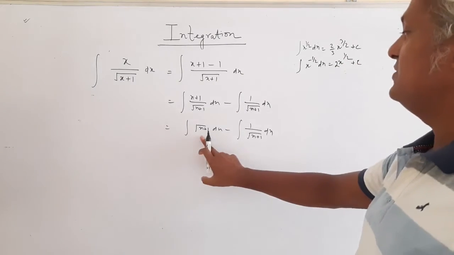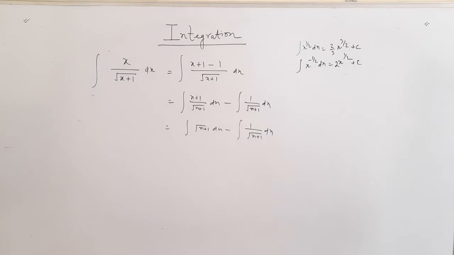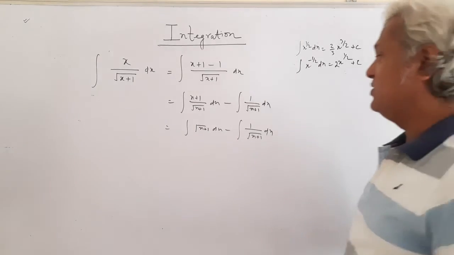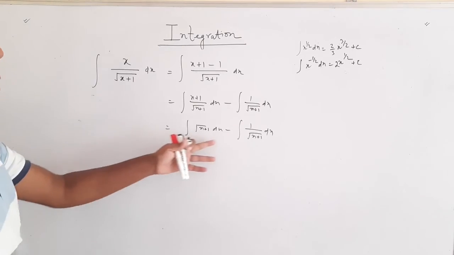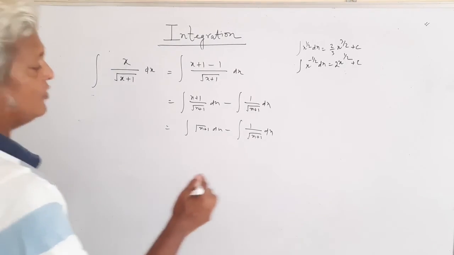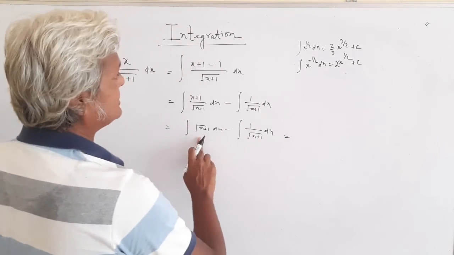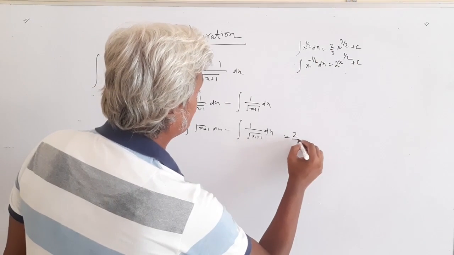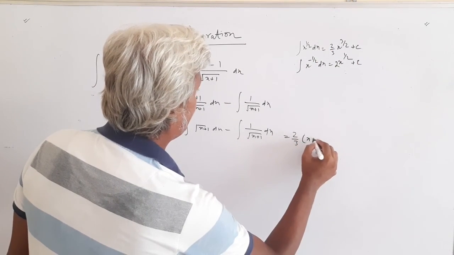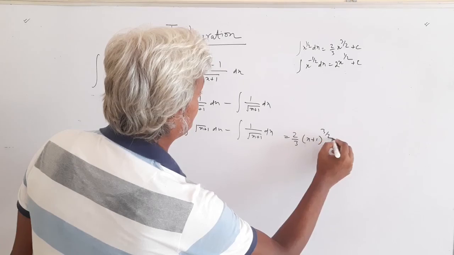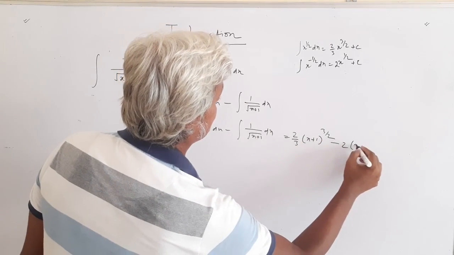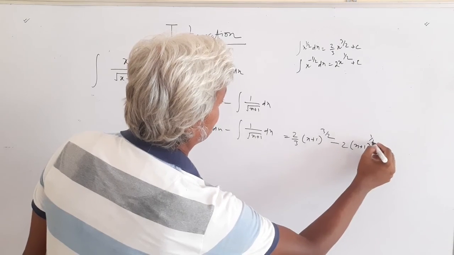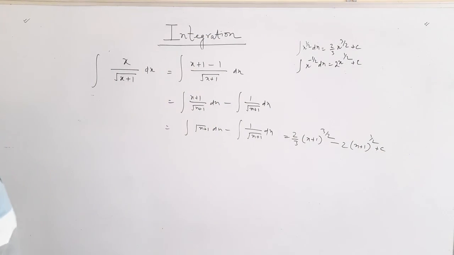And since the differentiation of x plus 1 is 1 in both, we don't have to divide anything, or dividing by 1 does not make any difference. So we'll simply write, for the first, 2 by 3 x plus 1 to the power 3 by 2, and for this one minus 2 x plus 1 to the power half plus c, that is constant of integration.